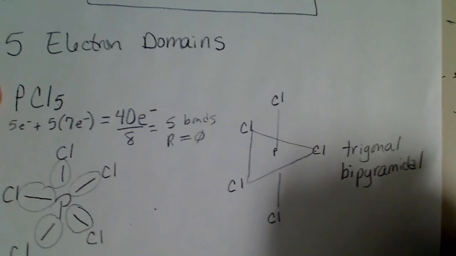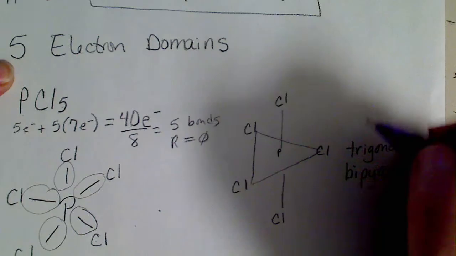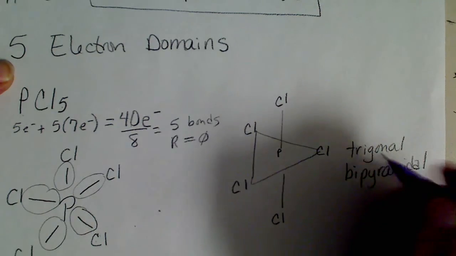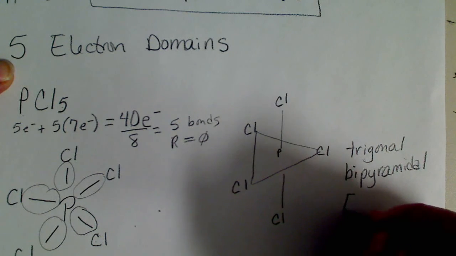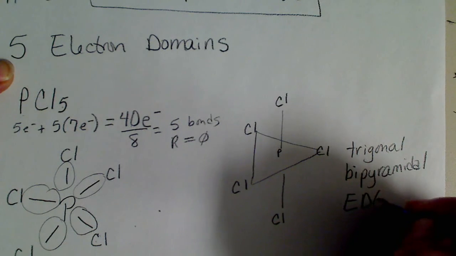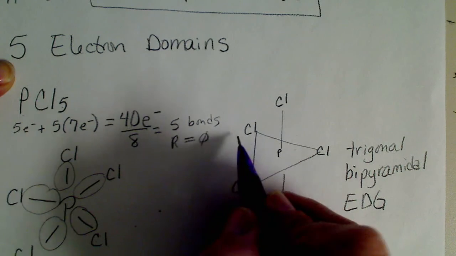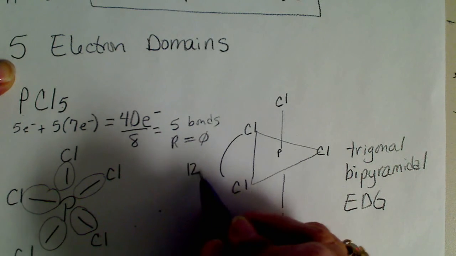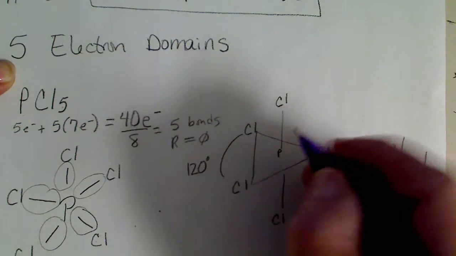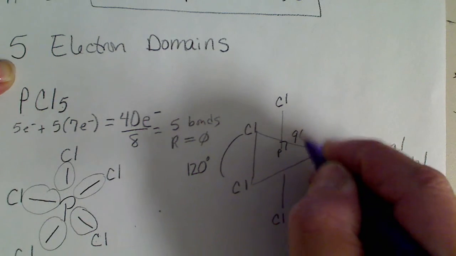So 5 electron domains translates into a trigonal bipyramidal electron domain geometry, and the angles here are 120s, and the angle here would be 90.